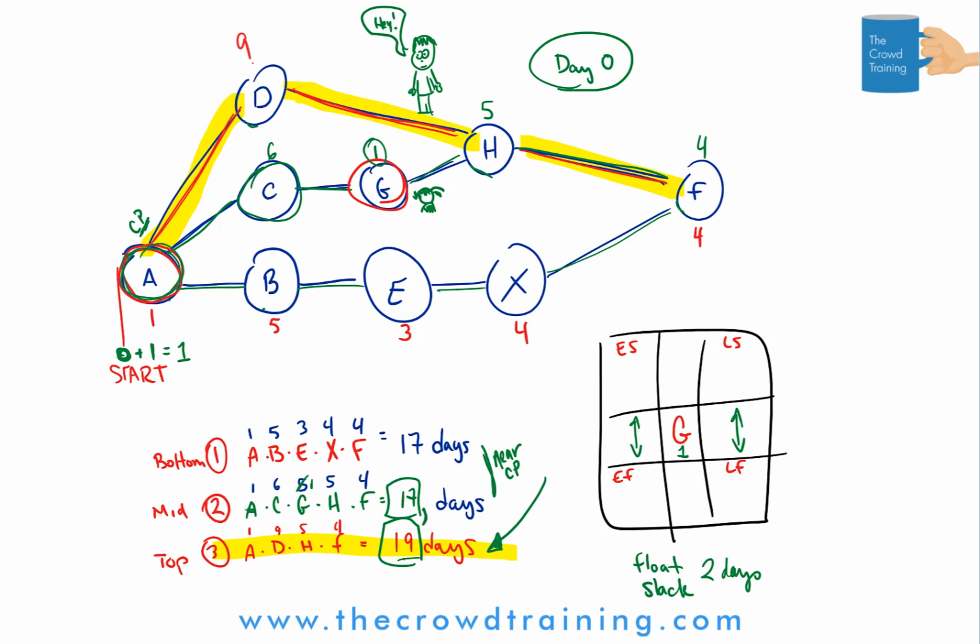So you have to wait for A to be finished, so that's 1 day there, and then you have to wait 6 days right now for this activity C to be finished. So 1 plus 6 is 7. So the earliest we can expect you to start on this would in fact be day 7.